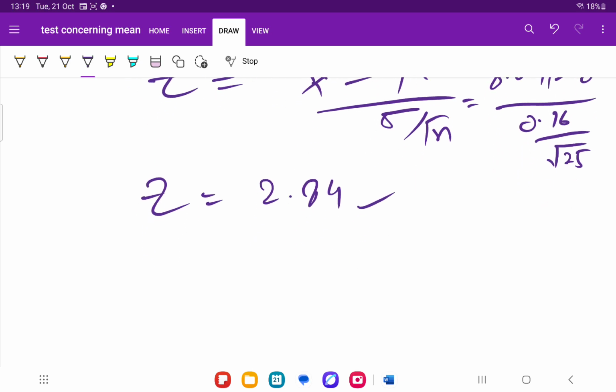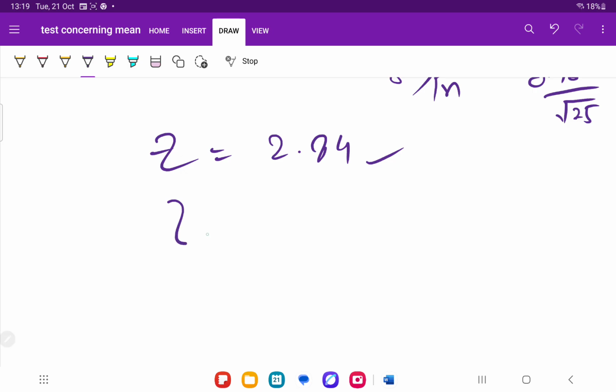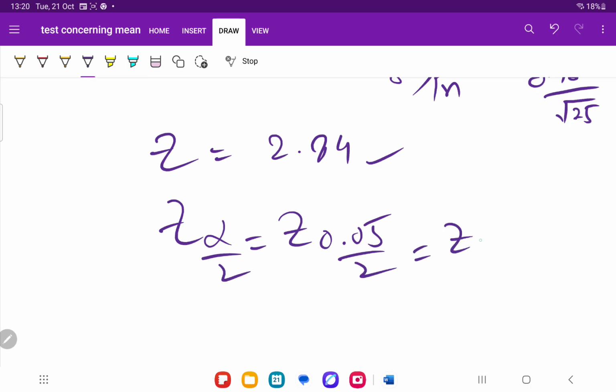Now we have to calculate Z alpha. Alpha is considered to be 5%. Because it's a two-tail test, it should be Z 0.025.